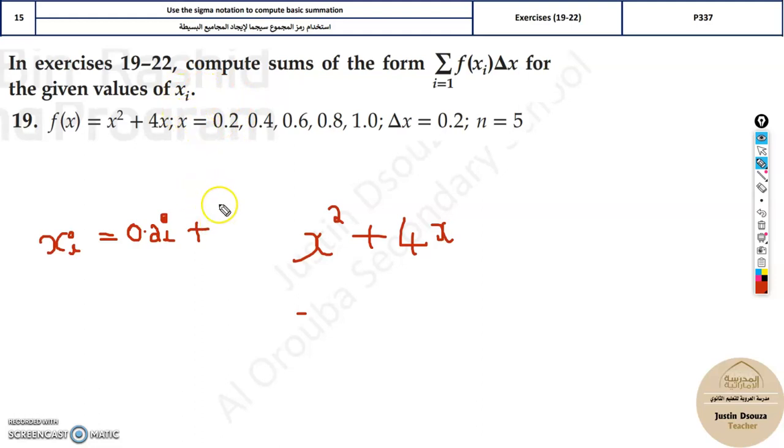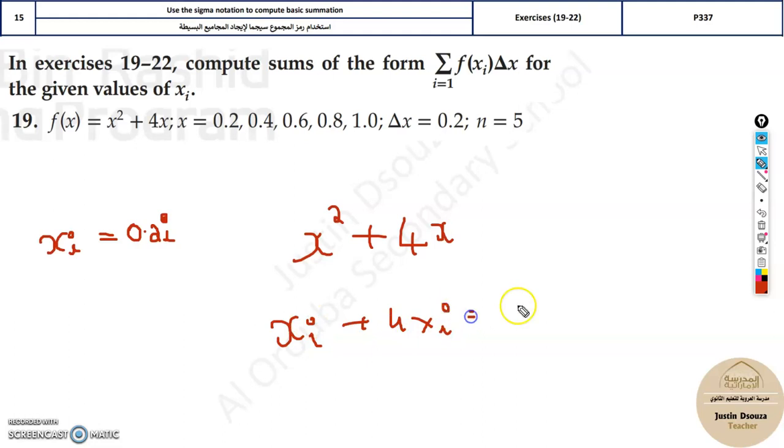What is that previous value? It is 0. Whenever it starts with 0, we don't add anything. In the next problem, we'll see that adding part. Here it starts with 0, 0.2, 0.4, and so on. So instead of x in this function, just put xi squared plus 4xi.